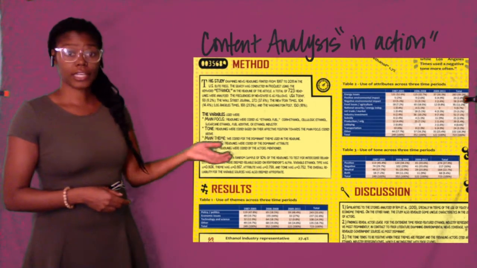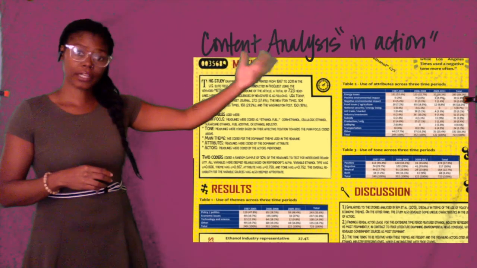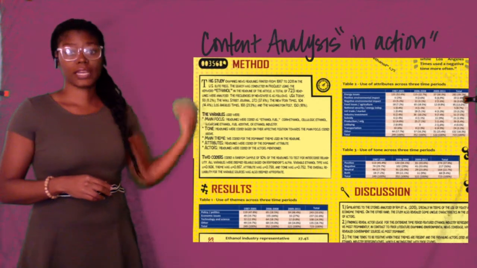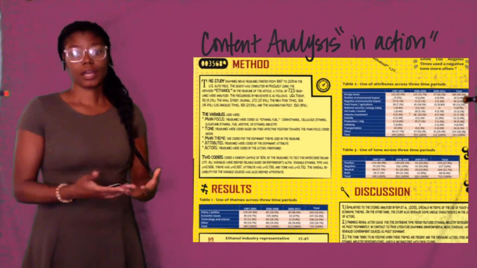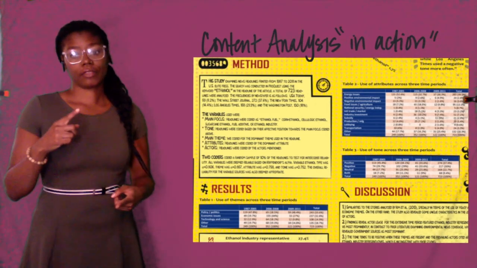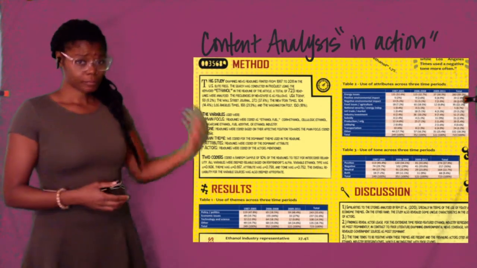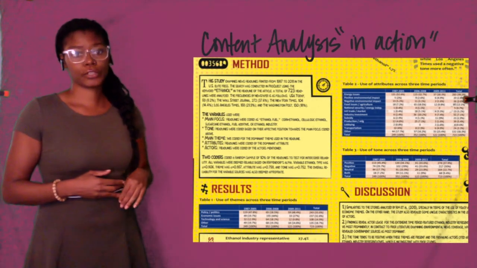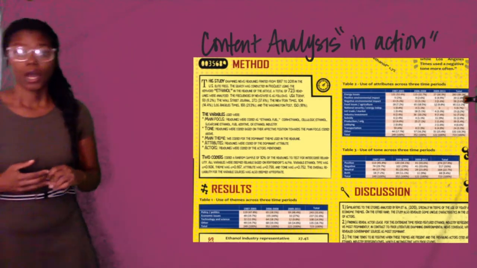So I would pause here, blow this up, and pay a little bit closer attention to how this project is being pulled together so you can see the relationship between those three things that we just talked about: the method, the research question, and the form of the project in action. So check that out. It'll be helpful as you are doing your final papers and exams in this class.